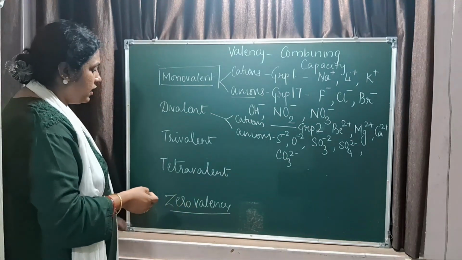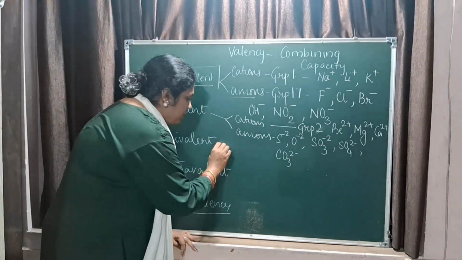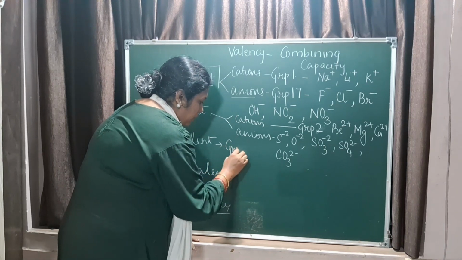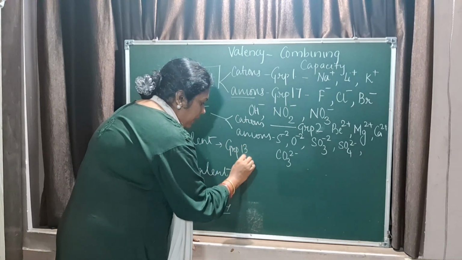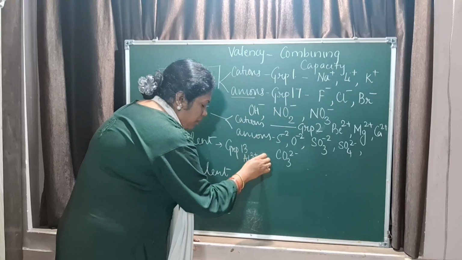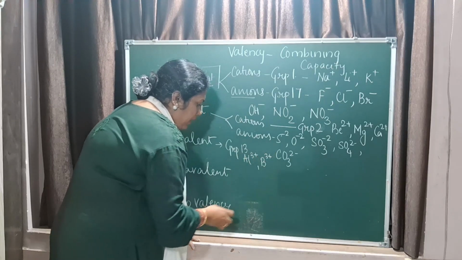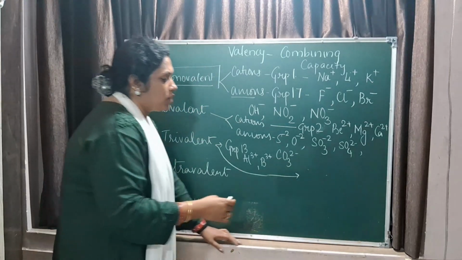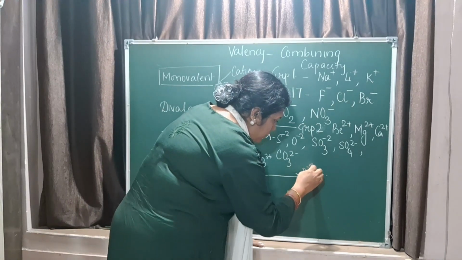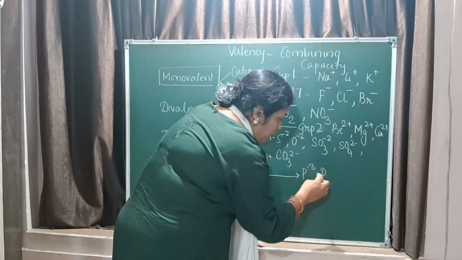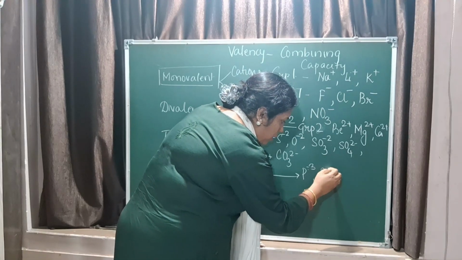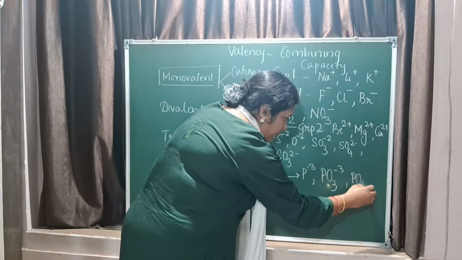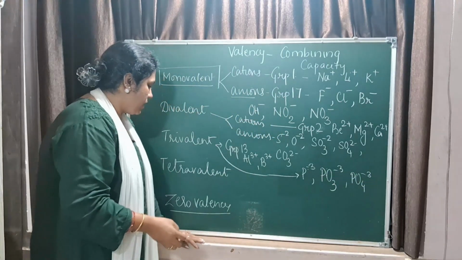So many anions. Trivalent, you have group 13 elements like aluminium, boron, right? And anions will be the phosphorus group, phosphide, phosphite and phosphate, right?